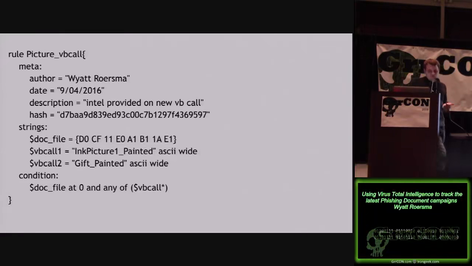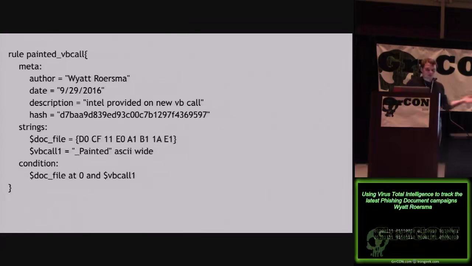Then you'd also see if there is an ASCII string with either GIF_painted or ink picture 1_painted in a document. What I would do is deploy this rule as a more specific rule that you definitely know is malicious, and then take it alongside this next rule where it's actually just _painted by itself, and then you could see maybe potential ones that you're missing.